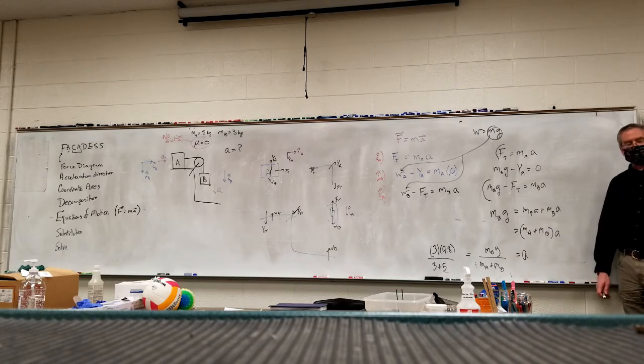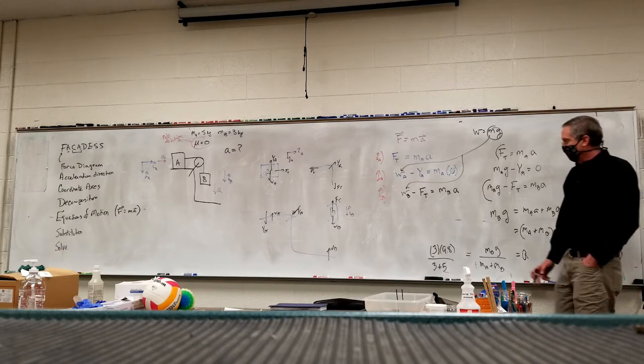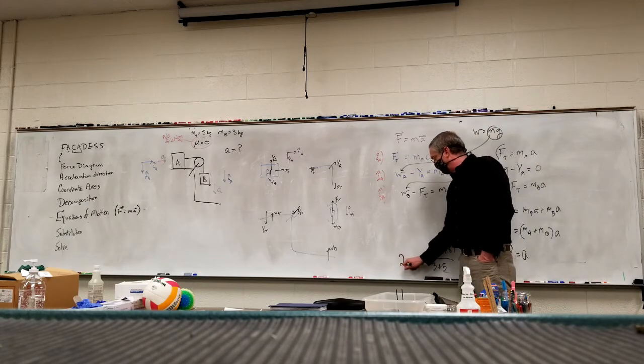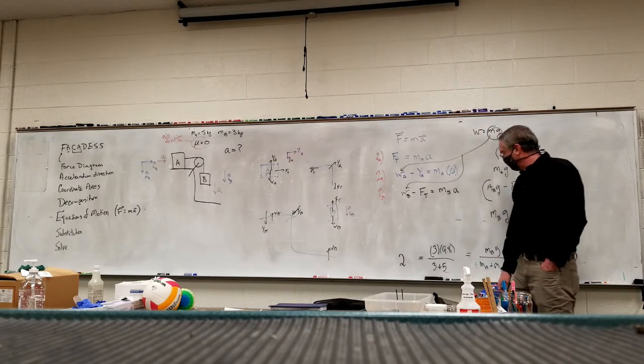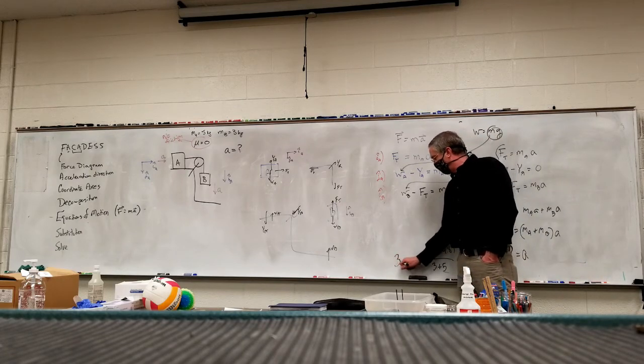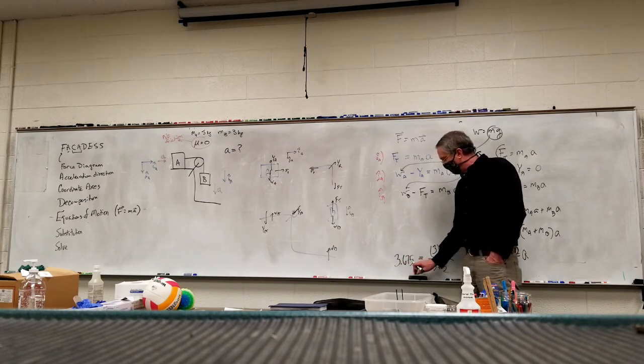Lowercase g is always a positive number. And so that's going to be 3.675 meters per second squared.